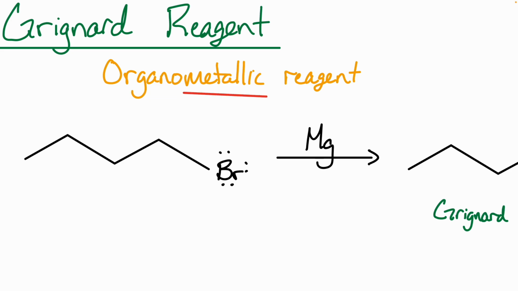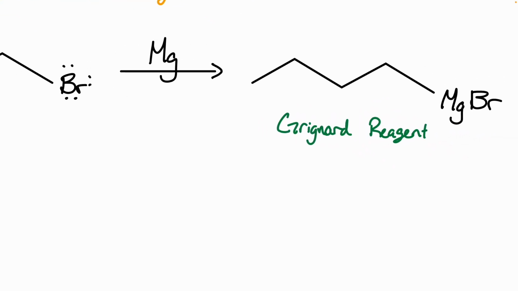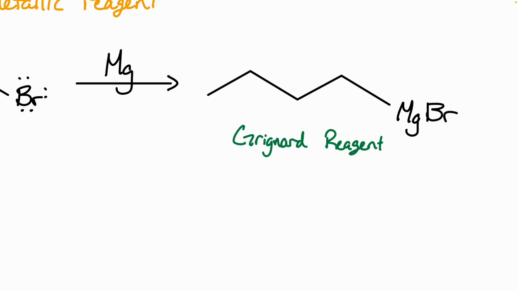But metallic because it has this metal in here, right? And so looking at this Grignard reagent should really kind of irritate your organic chemistry brain, because what I just drew here is a covalent bond between this carbon and this metal, magnesium, right? This is not something that we expect to happen. So again, magic, how the heck, all right? But that is exactly what we're seeing here, a covalent bond between this carbon and this magnesium.